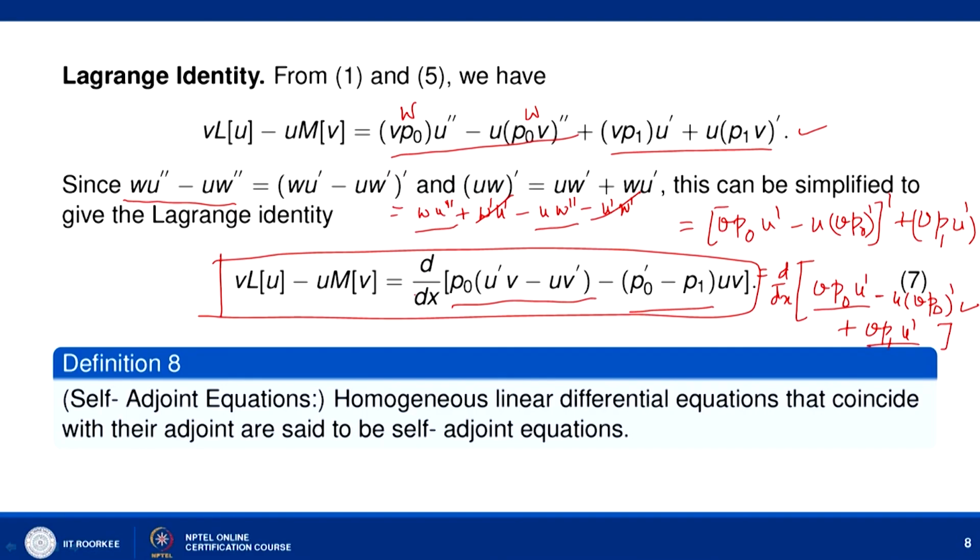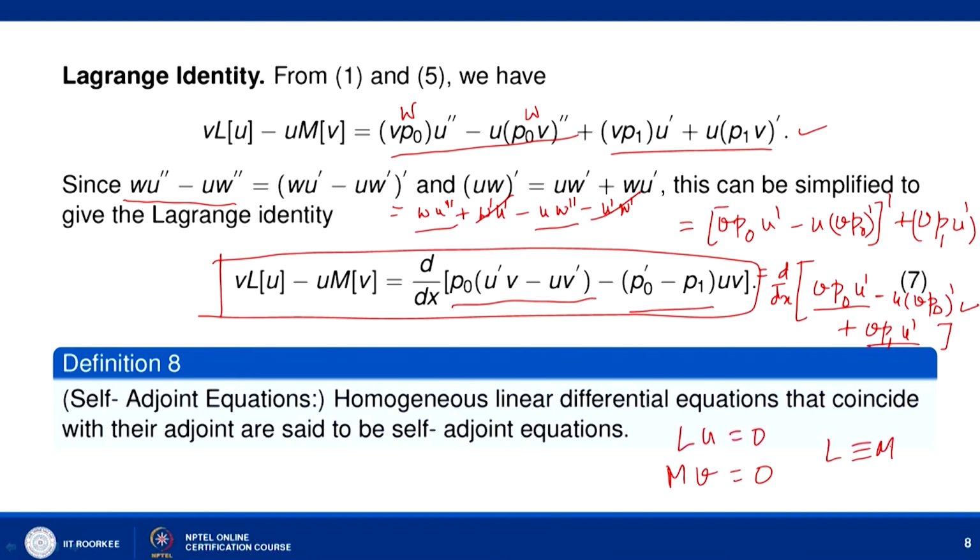So now we define one more important type of equation, which is known as the self adjoint equation. Homogeneous linear differential equations that coincide with their adjoints are said to be self adjoint equations. It means that we have already discussed that corresponding to Lu equal to 0, we have the adjoint equation Mv equal to 0, and if your operator L is identically equal to M, then we say that our equation is in self adjoint form.